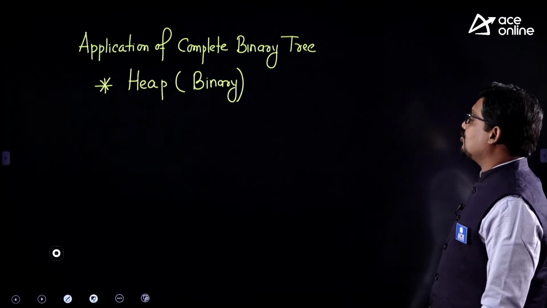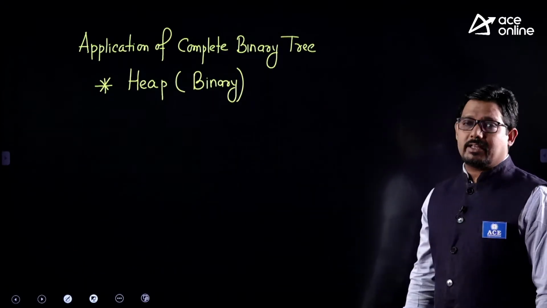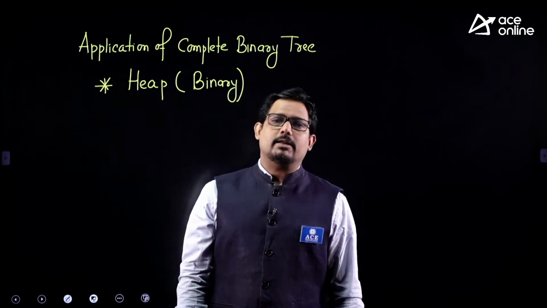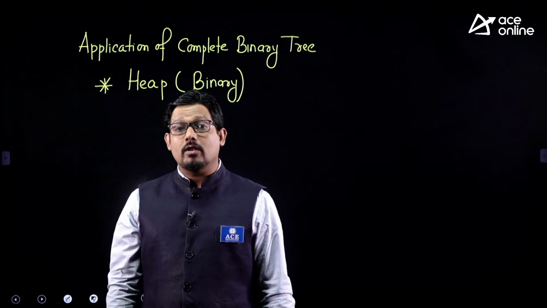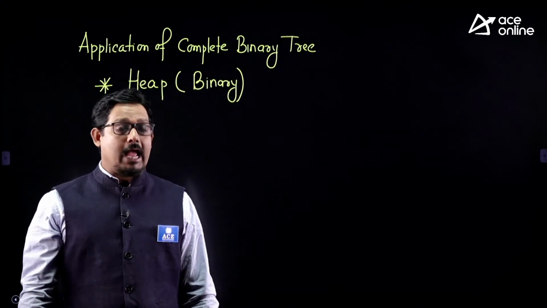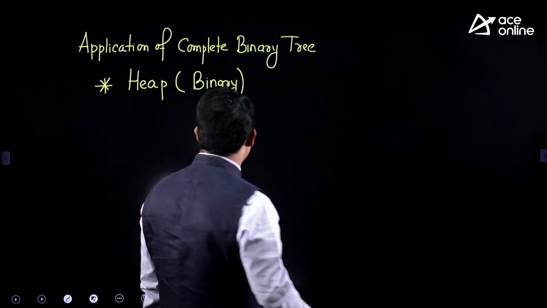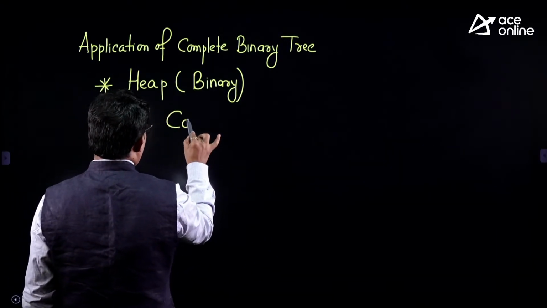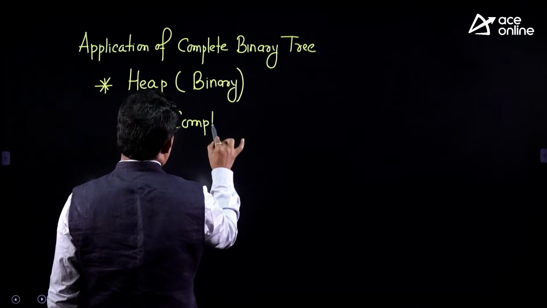CBT is a structure where every level is full. Now here you say, what about full binary tree? Full binary tree is also every level full. So what is a CBT, complete binary tree?